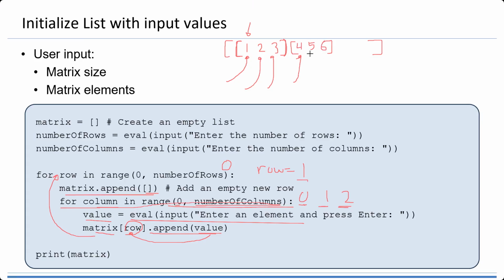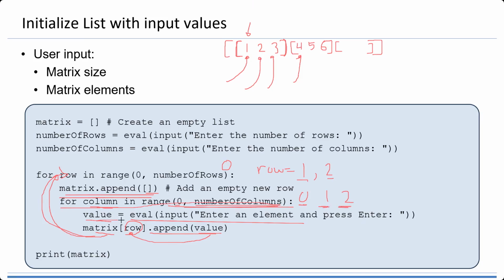After we finish until 3 columns, then we will get back to this loop. Now the row becomes 2. When row becomes 2, then we go again to this statement. We append a new empty list. With this new empty list, we go to the column section. The column will be 0, 1, and 2.